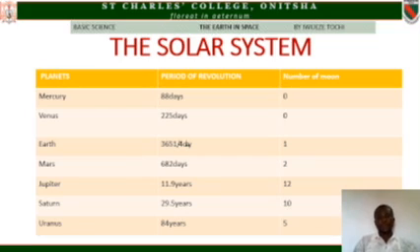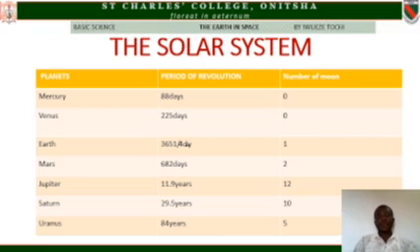Mercury. It used to take Mercury 88 days for it to move around the sun. Now Mercury has no moon. There's no satellite in the Mercury.